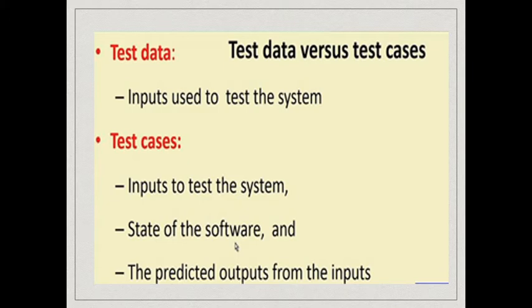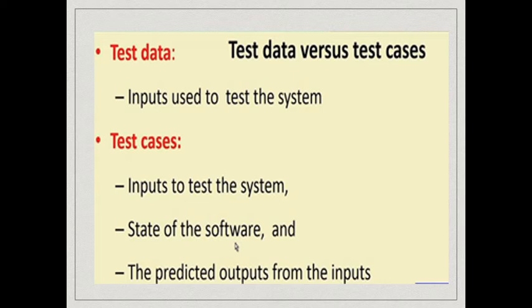Now let's look at a finer distinction between a test data and test case. Test data, as the name says, is just the test input that is given to the system. These are the basic data to execute, whereas the test case not only describes the input data to be given to the system, but also describes at which state of the software this data needs to be input, and also the predicted output that should be obtained from the input.